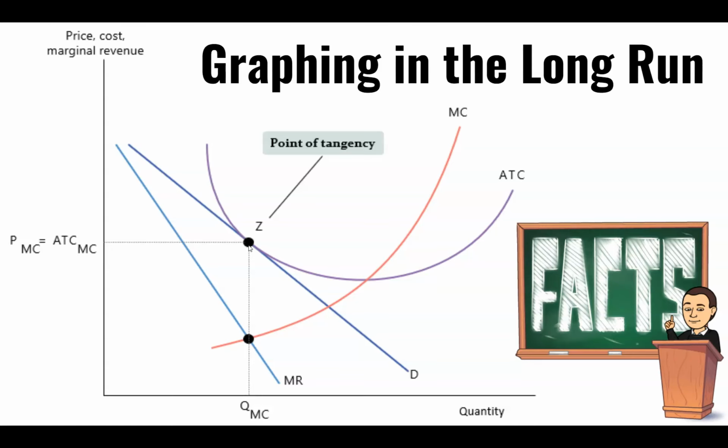And that is because they have the ability to produce more and they could get bigger, and that would lower their average total costs. But it doesn't make sense economically because they'd be losing money. And so this excess capacity is a thing that does exist, and it's a certain degree of inefficiency in its own right.